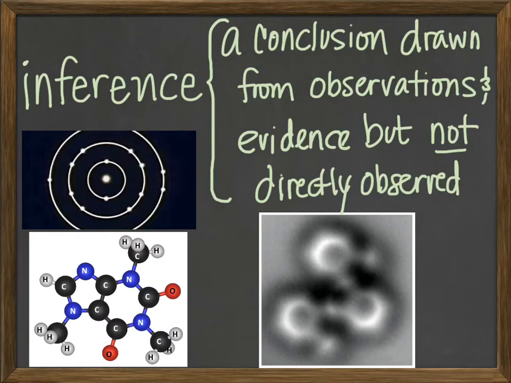We can't directly observe atomic level structures, but we can infer things about the structure of an atom or a molecule based on evidence of their behavior, based on observations of their behavior. So inferences are super important in chemistry because there's a whole lot of chemistry that cannot be directly observed.